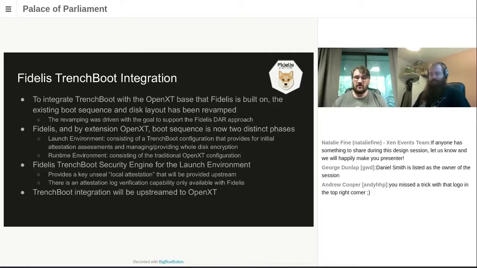The local attestation key unseal capability and all we've done to do the Trenchboot launch of OpenXT, we'll be getting upstream to OpenXT in the coming months. And that's pretty much how we're handling the launch integrity with Trenchboot.